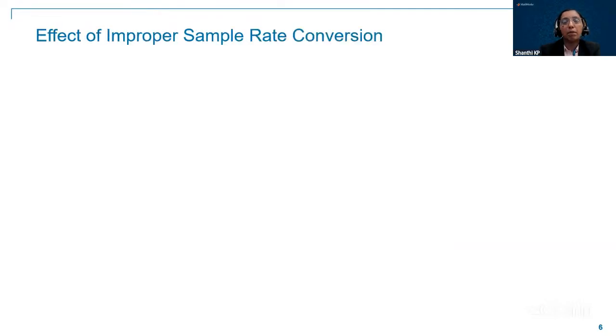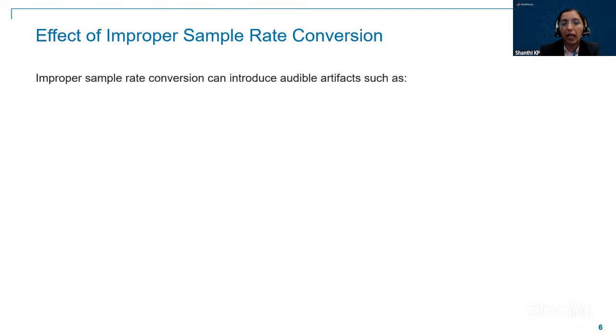While resampling a signal, there is a challenge involved. What happens if we resample with an improper sample rate conversion ratio or technique? What if resampling isn't done correctly? It can introduce noticeable and often distracting artifacts in the resampled audio signal, which will affect the audio quality at the end.